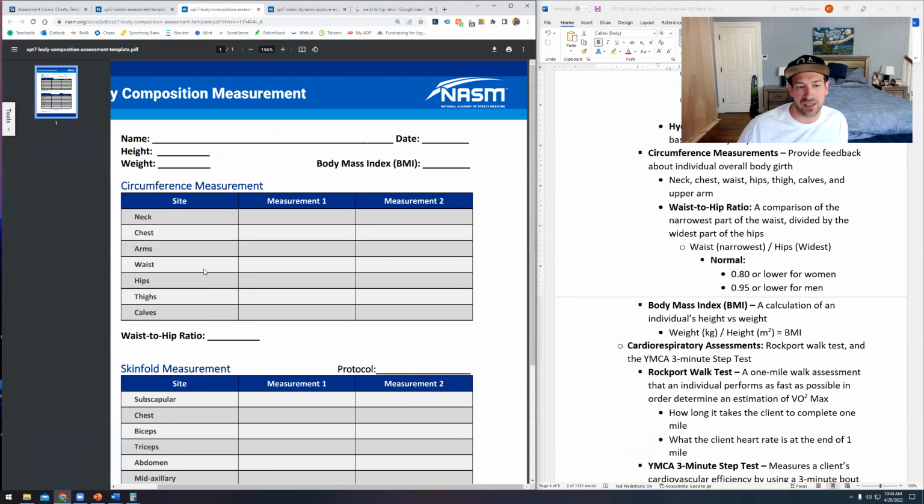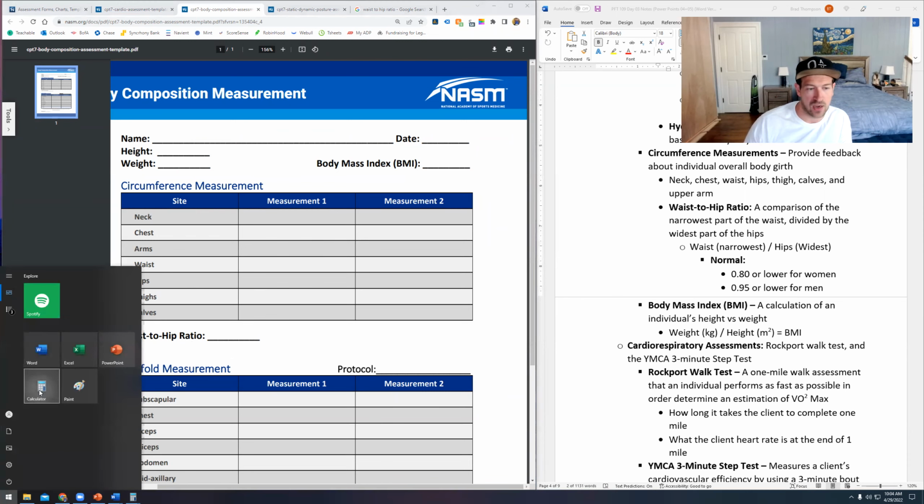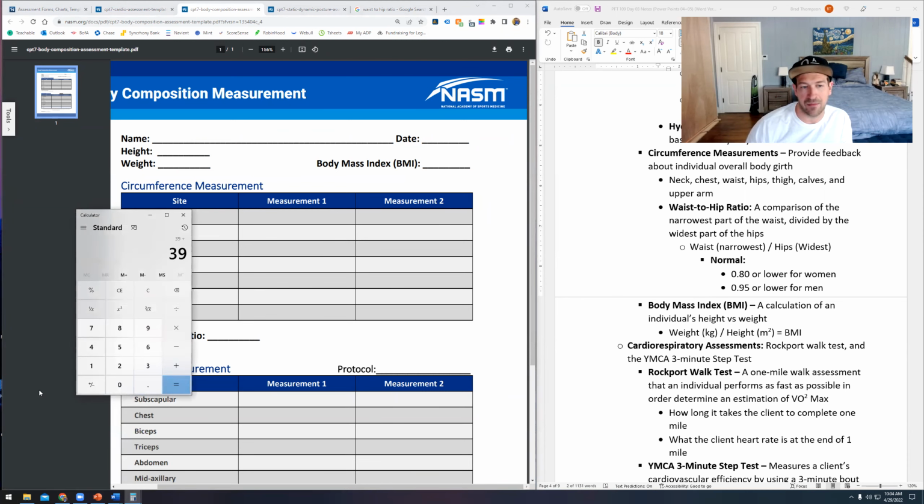So let's say I measure my client's waist and it is 39 inches, right? And then I measure my client's hips and it's 43 inches, right? So I would say 39 divided by 43. That gives me a waist to hip ratio of 0.906. So we're going to say that's a ratio of 0.91.